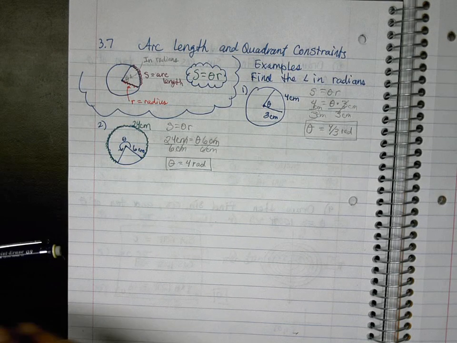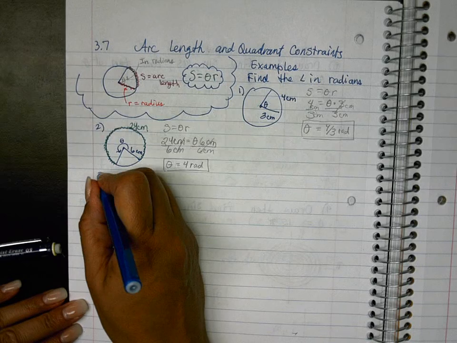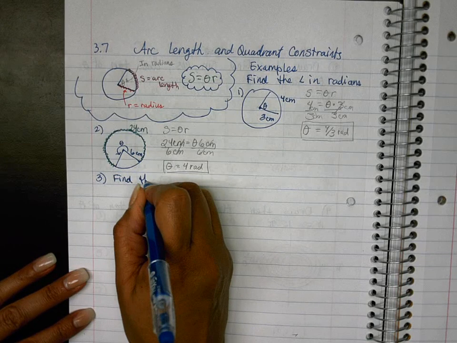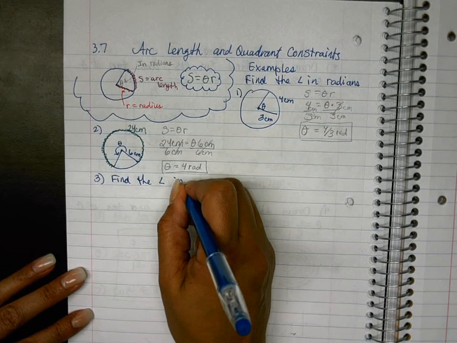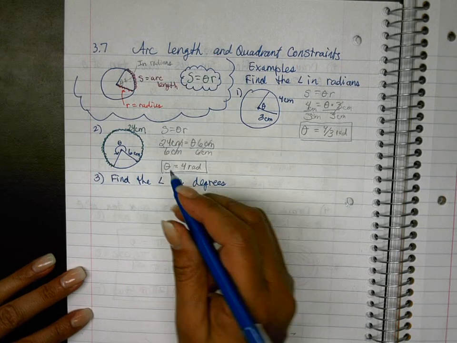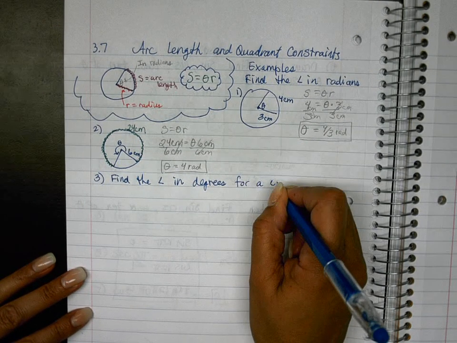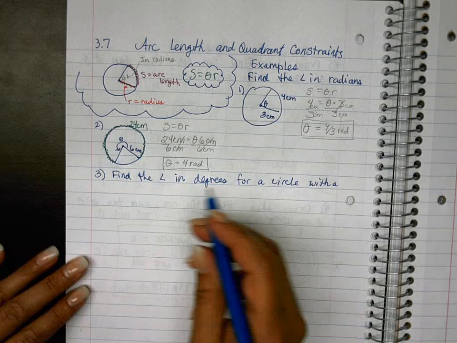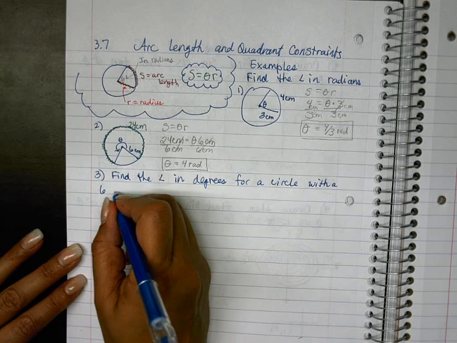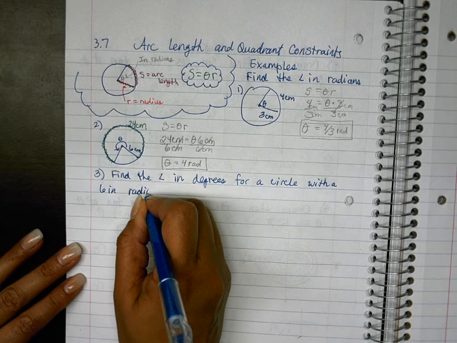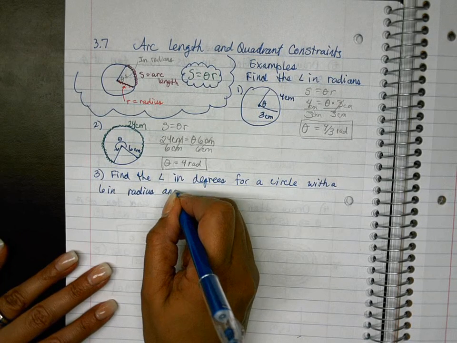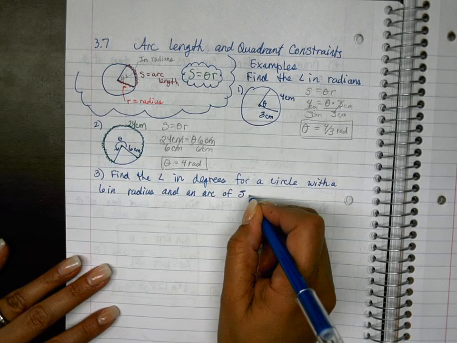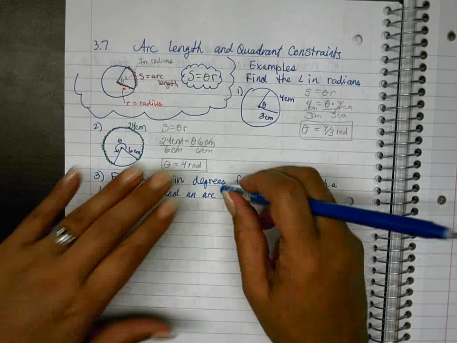All right. Number 3. Find the angle in degrees for a circle with a 6-inch radius and an arc of 5 pi inches.